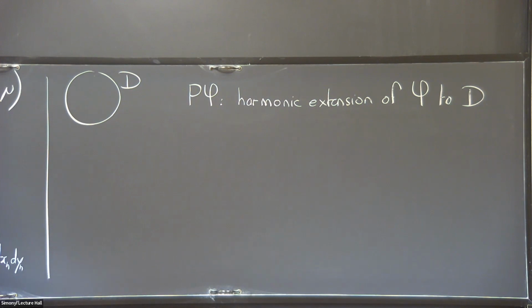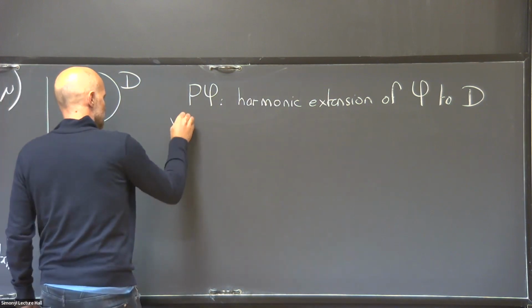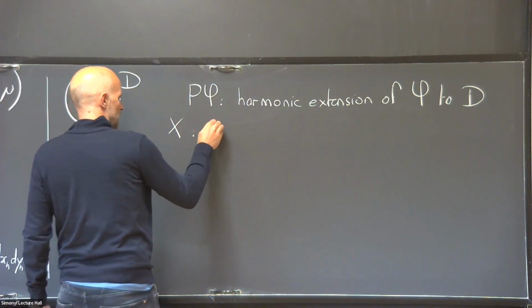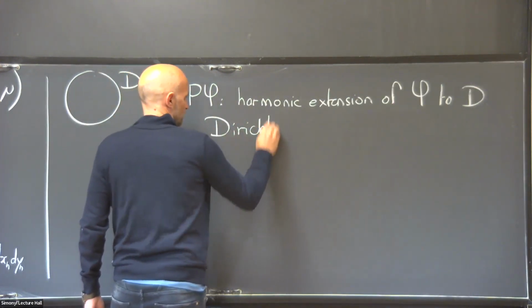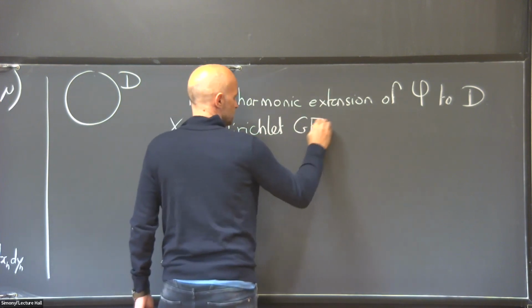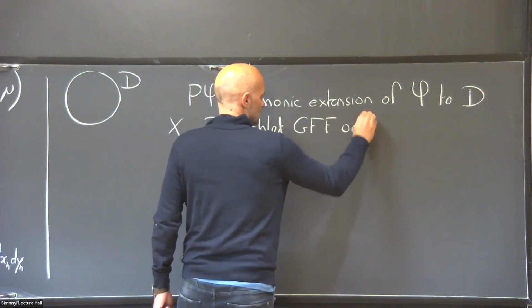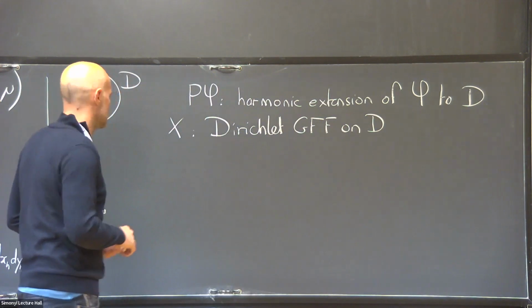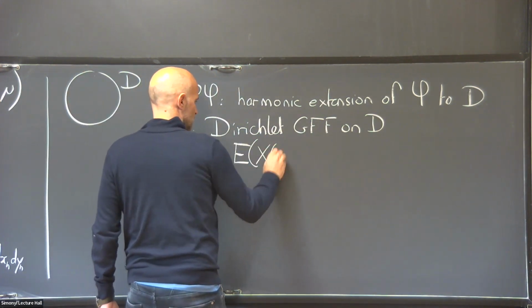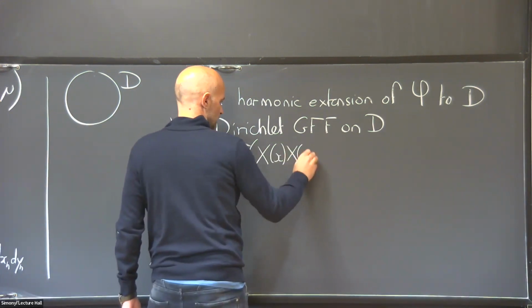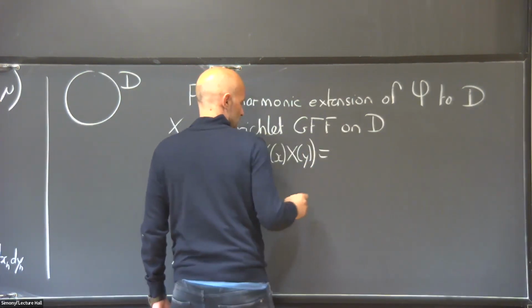And I will also consider the Dirichlet GFF. So basically, this is a Gaussian distribution, it is centered, and I remind you of the Green function.